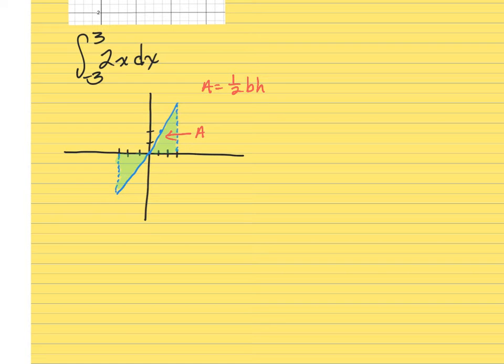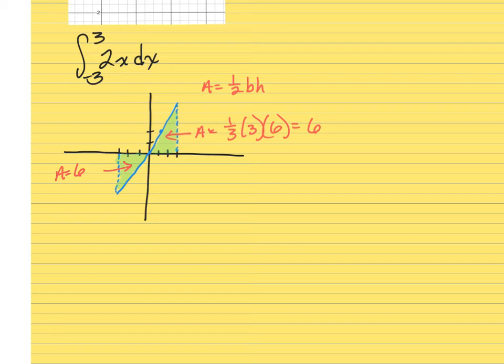In our case, the base is 3, and the height is 2x, or 6. So the whole area is 6 for that particular triangle. Similarly, this area, if I calculate it just as an area, is going to be 6, 1/2 base times height.